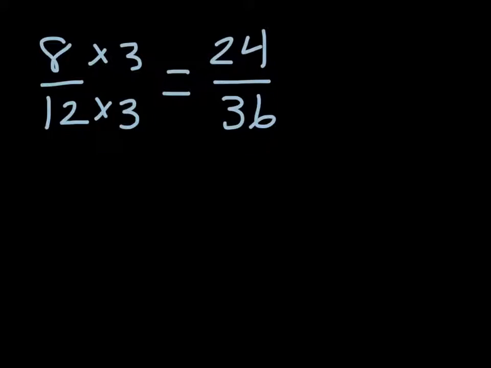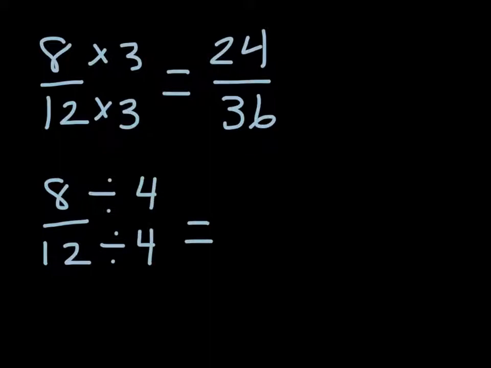Now let's divide. We need to choose a number by which both 8 and 12 are divisible. I'm going to pick 4, because our fractions have to have whole numbers. And that will be 2/3. So the fractions 24/36 and 2/3 are equivalent to 8/12. They all represent the same quantity.